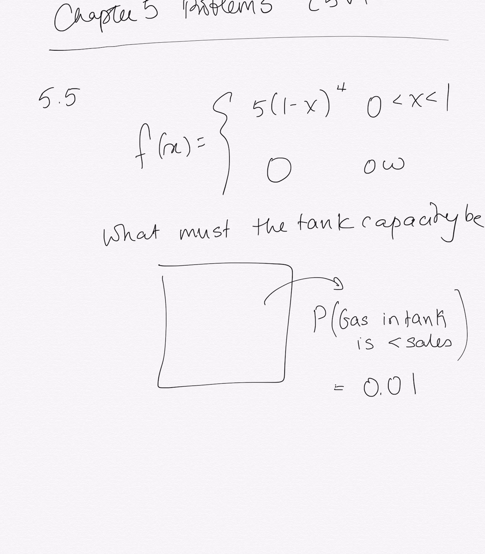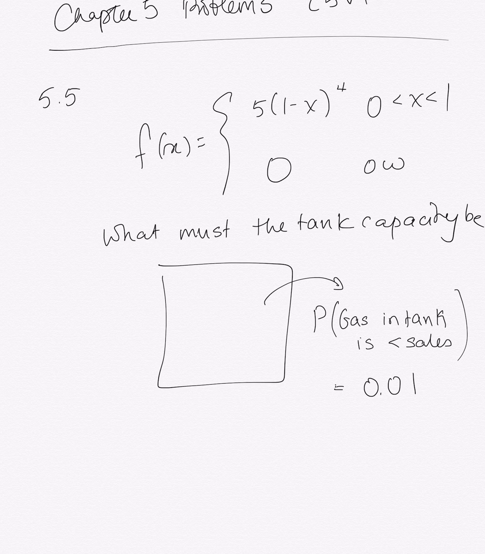So that's the question. The question says, what must the capacity of the tank be so that the probability of the supply being exhausted in a given week is 0.01? Okay, so that's the question.